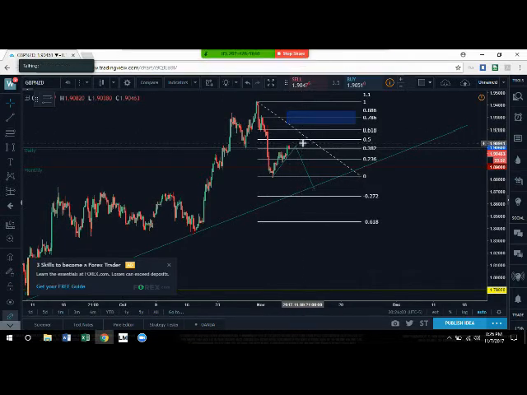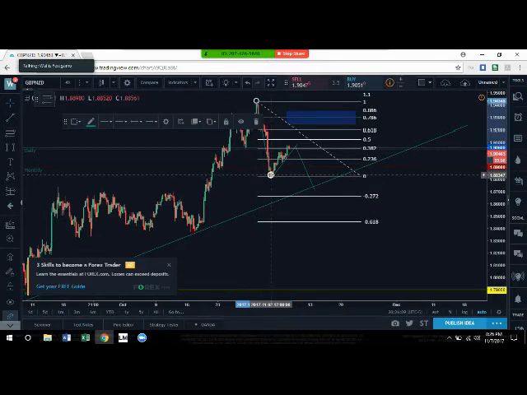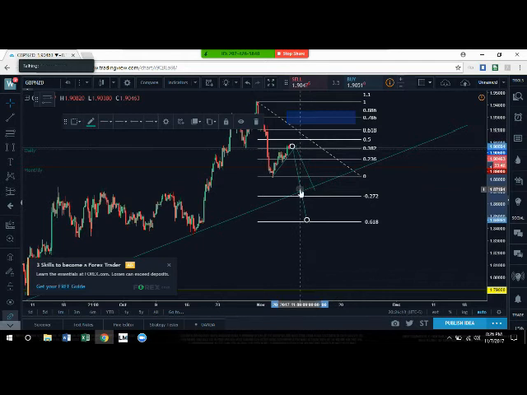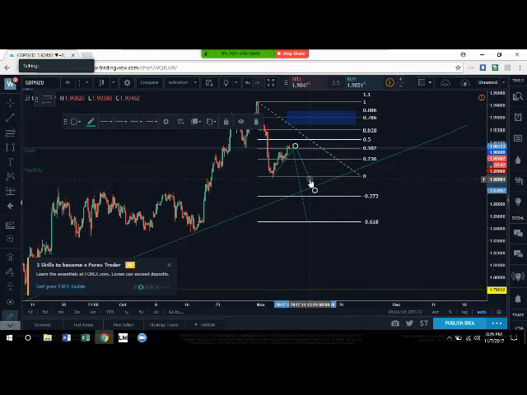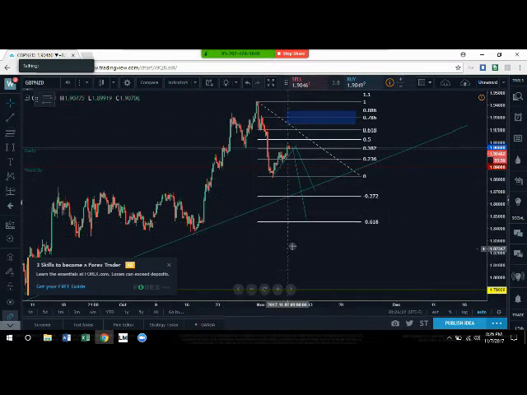And we're looking for a one-to-one move, which would create a lightning bolt pattern. What I did was take a trend line and measure from this high to this low and put it up to where I believe it might fail.